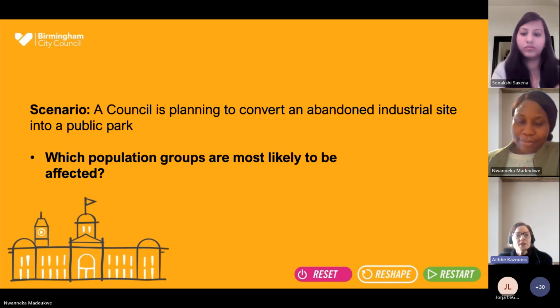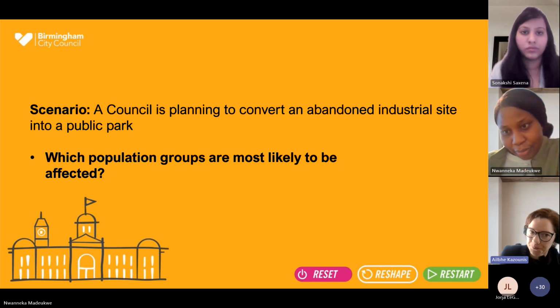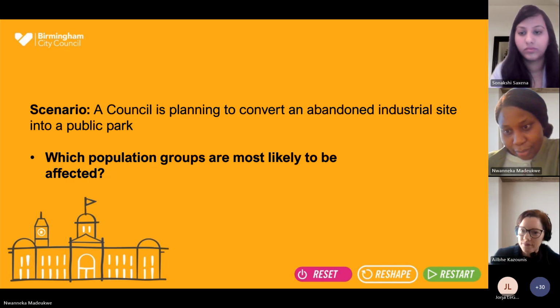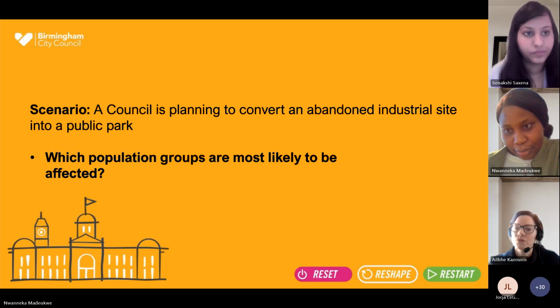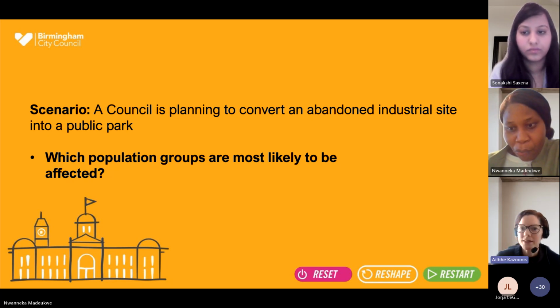So the third question is, which population groups are most likely to be affected by this new park? Local residents, yeah. Families. Young people, definitely.